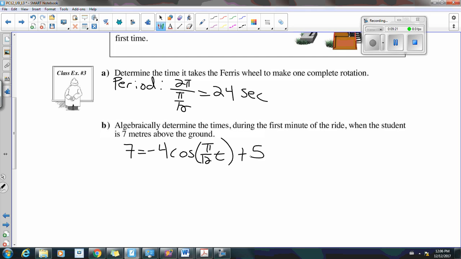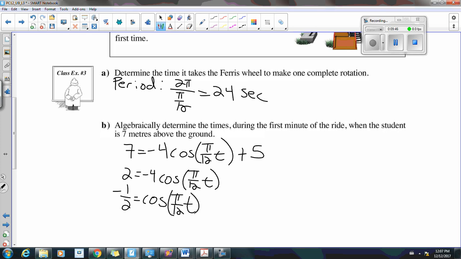Now, I don't think I've ever seen a question on a diploma exam like this that you had to solve algebraically. Usually this is one that I would go right to the calculator for, but we can solve it algebraically. So I first need to get that cosine function by itself, so I'm going to subtract 5. Divide by 4, and I get -1/2.